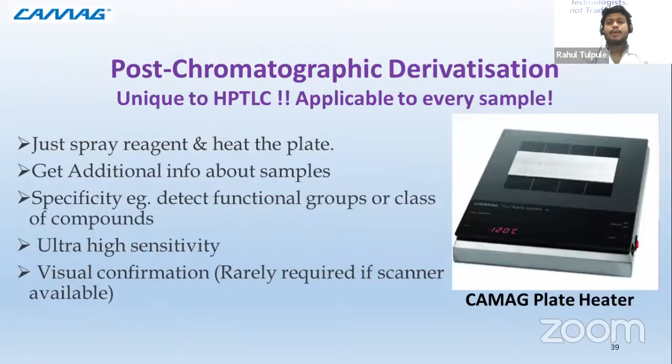Then post chromatographic derivatization, as we can see over here, this is a CAMAG plate heater. When derivatization is done, the plates need to be heated to remove the excess solvent or other components, so the CAMAG plate heater is used.